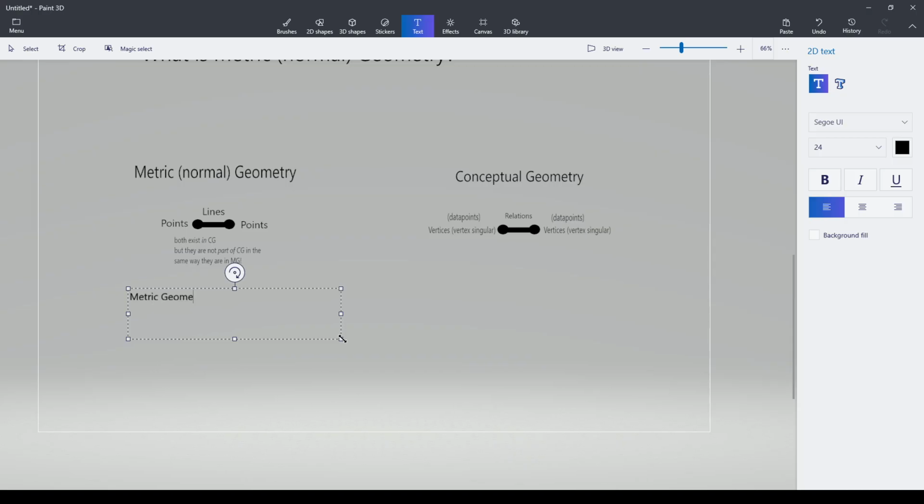Metric geometry is about discrete physical relations that can be mapped and measured using discrete units. Or more or less, it is about stuff that can be spatially mapped with discrete, specific, detailed units.